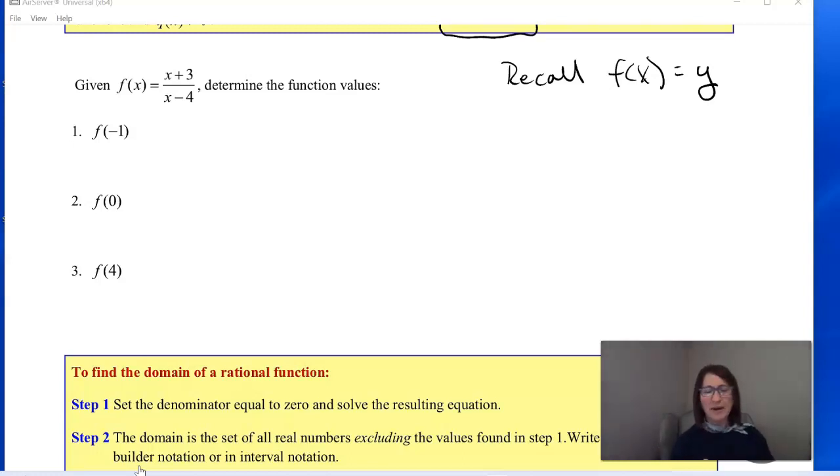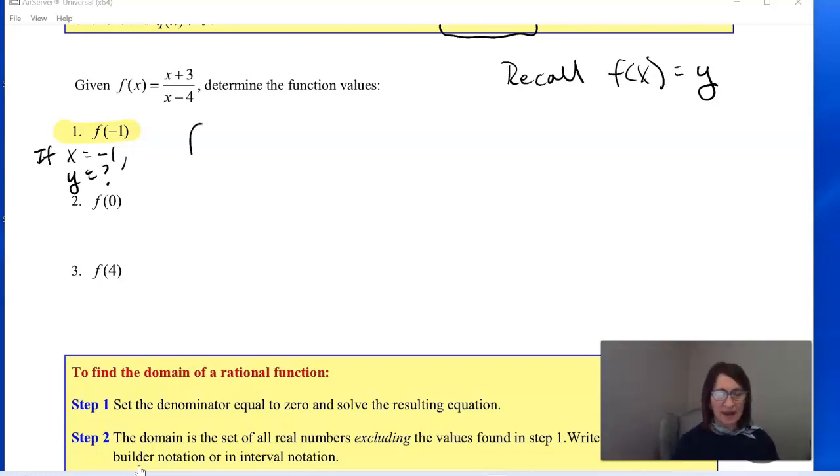And so for problem number 1, what this is asking is, hey, if x equals -1, what is y? That's all it's asking.